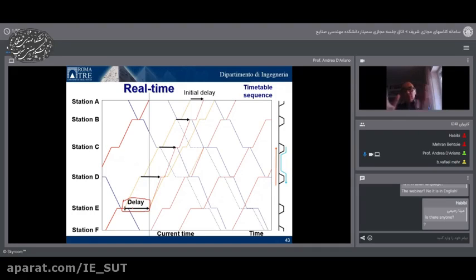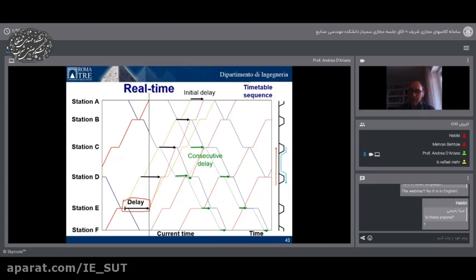All the timetable is shifted. Of course, if I move the whole timetable, then the solution becomes feasible. But what is the consequence? The consequence is that you have a consecutive delay in multiple places, at multiple stations, for several trains. The green arrows here are the consecutive delays.